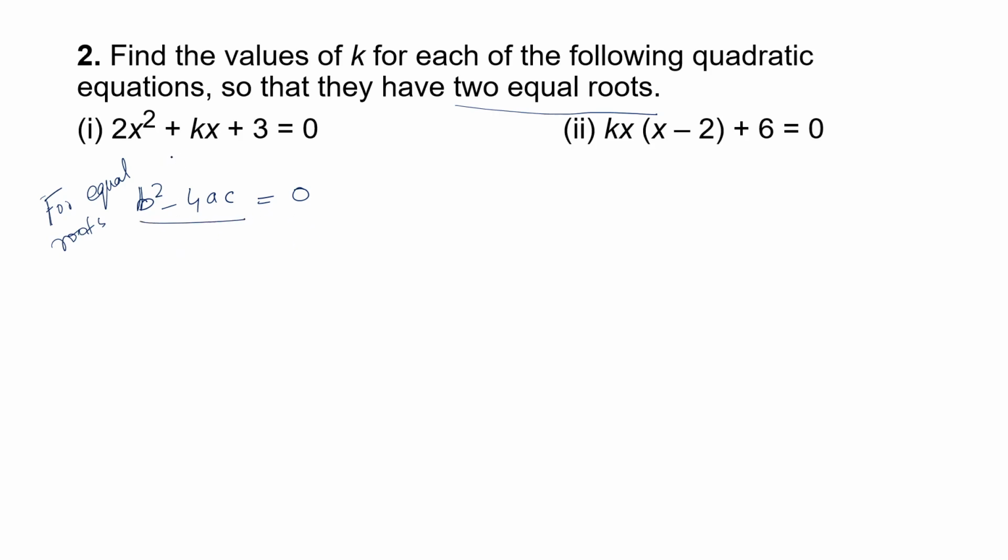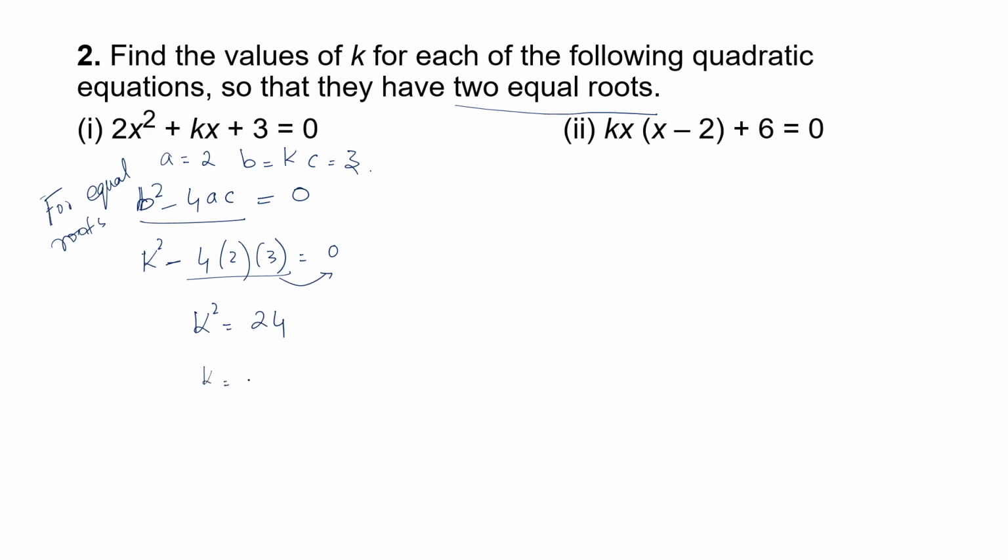So here you can write what a, b and c are. Substitute the values. b is k, so k square minus 4ac. So k square is equal to 24. I am bringing this to this side, 24.